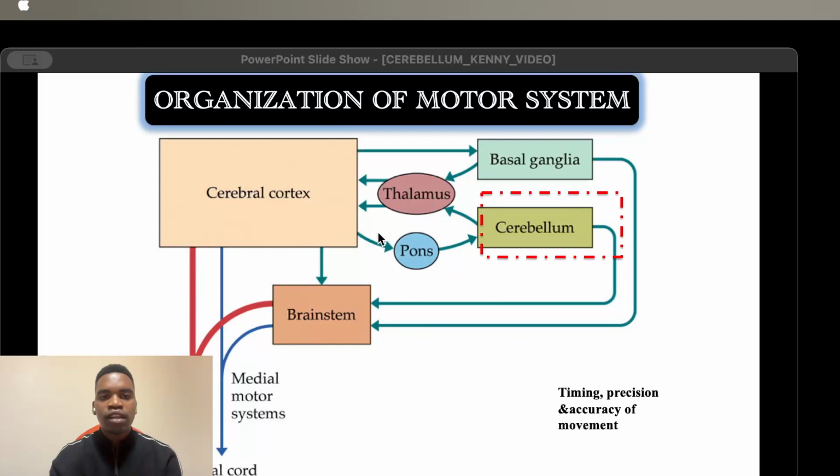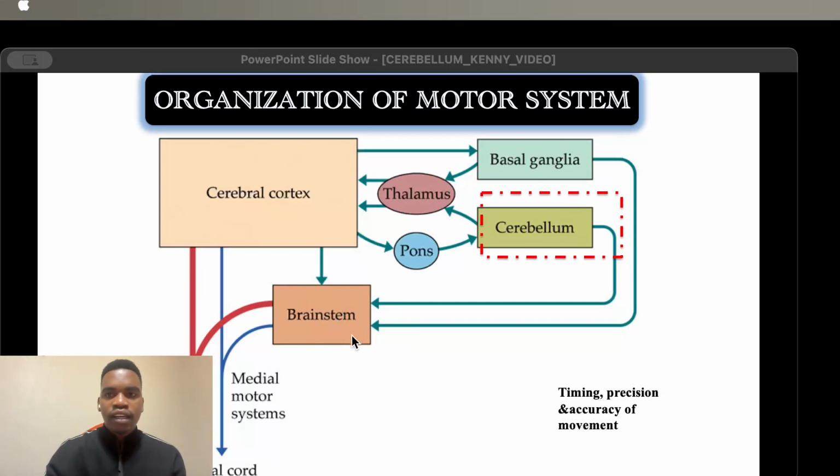But it does not communicate directly with the cerebellum, because we have already seen the anatomical distribution, they don't have that kind of direct connection. It communicates with the cerebellum through the thalamus and brainstem.